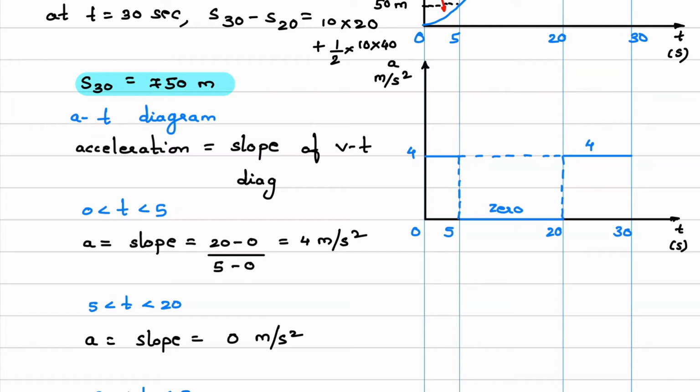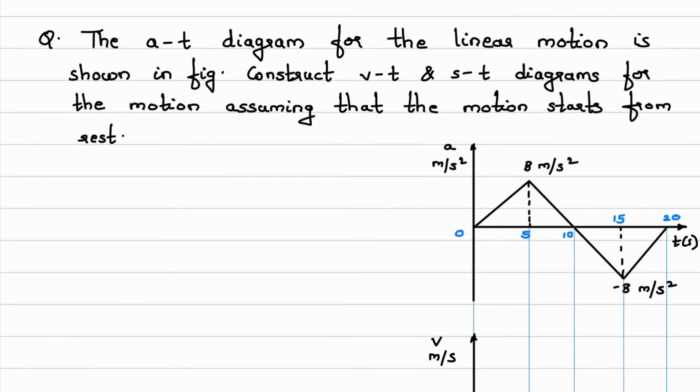Now we will continue with the numerical on motion curves. In this numerical, we will see the moment area method to calculate displacement. The question has been written over here. The AT diagram for the linear motion is shown in the figure. So in the question, the AT diagram is given.